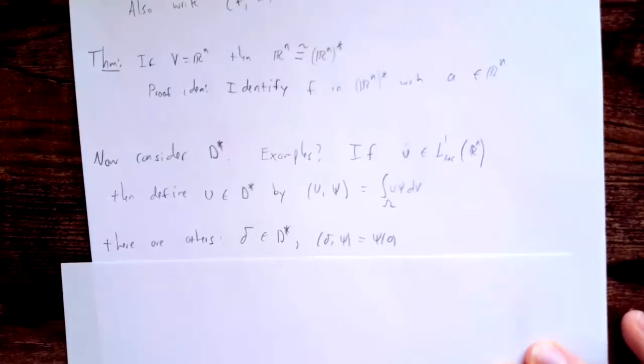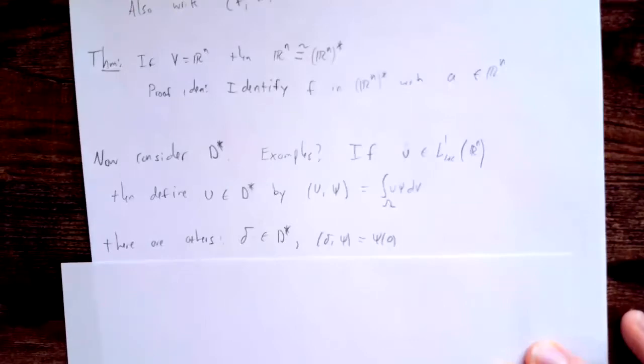And here's its definition. That delta applied to psi is psi of 0. Oh, and by the way, you'll see D be called the space of test functions, and we're looking at its dual space.